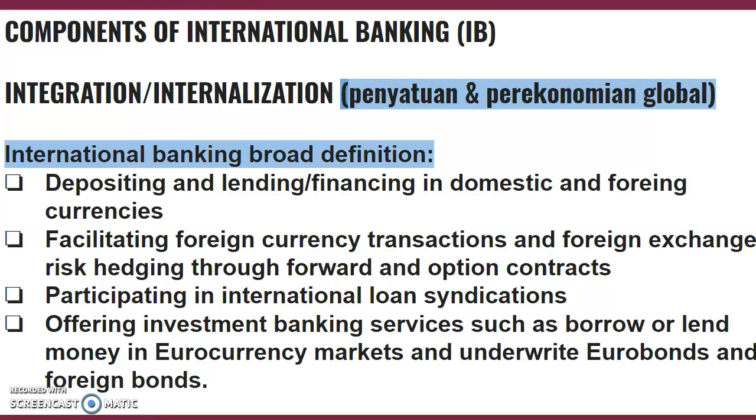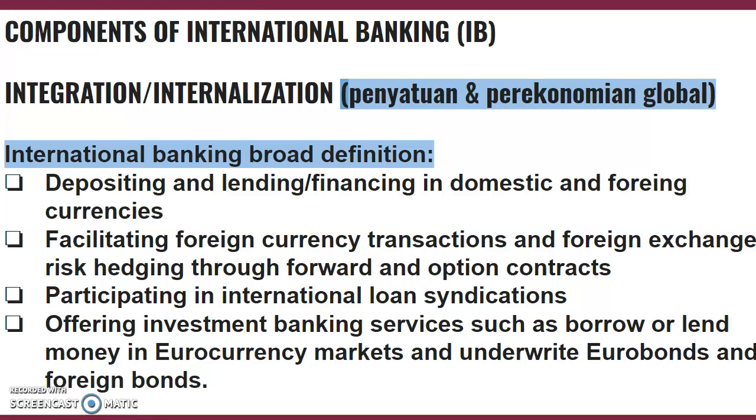For example, kalau di Malaysia, kita punya currency adalah ringgit Malaysia. So if we deposit some Malaysian ringgit, let's say in London, in the UK, this currency which is deposited, walaupun pada asalnya dia adalah ringgit Malaysia, kita panggil dia euro currency. The same thing if South Korea.